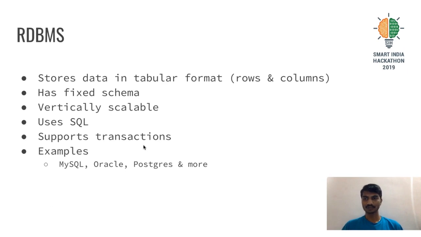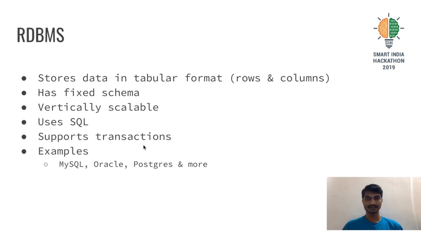So what are RDBMS, relational database management systems? In relational database management systems, normally the data is stored in a tabular format, in rows and columns, like what we see in Excel sheets. It's the same kind of format we save in RDBMS, but in a more refined, customized way.